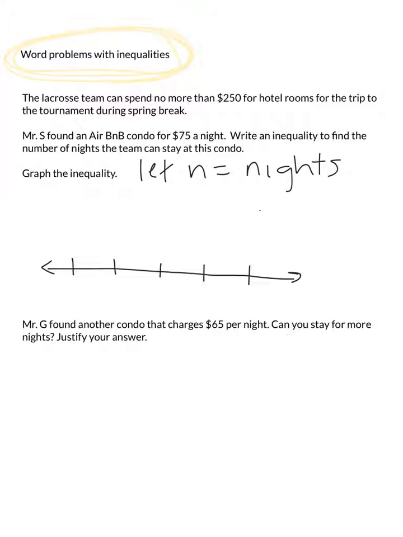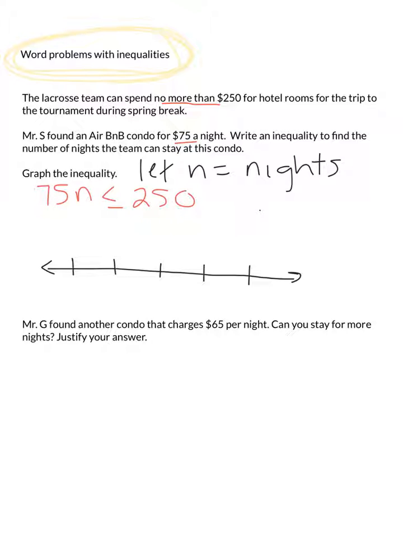And we have no more than $250 for hotel rooms. So n is less than or equal to $250. Now we have it's $75 a night.